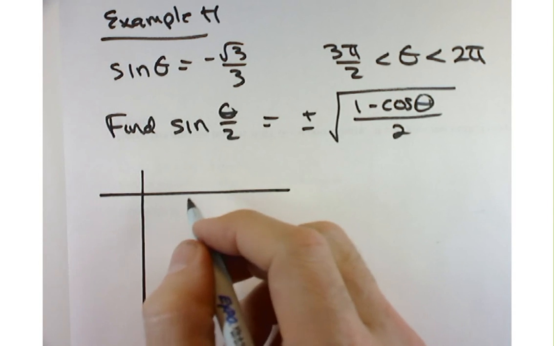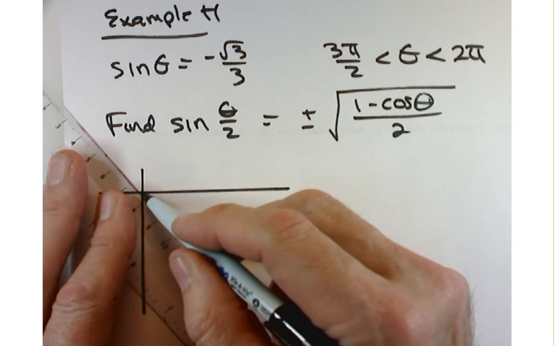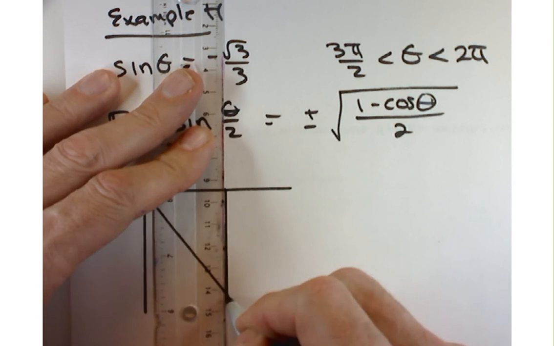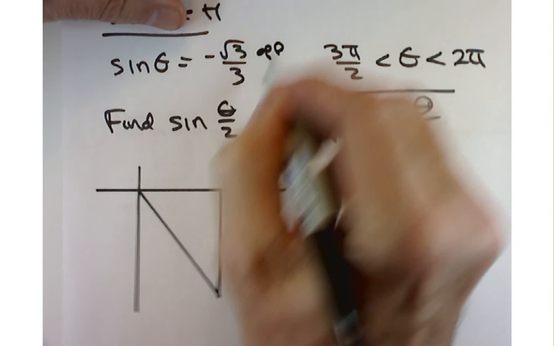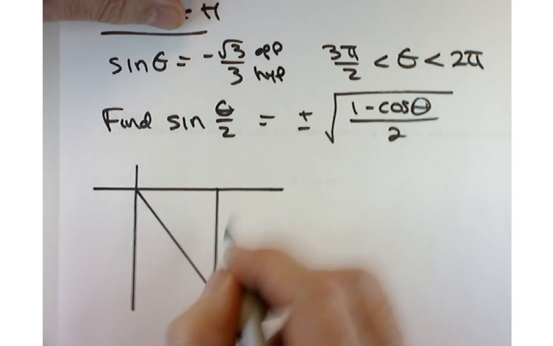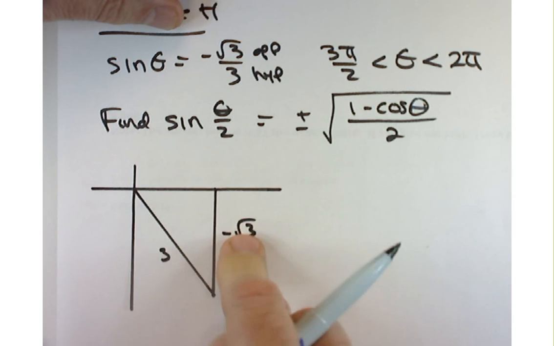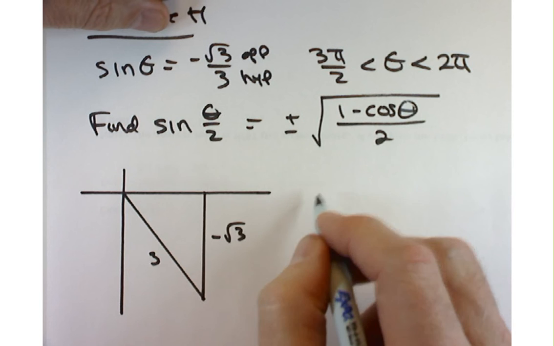Draw yourself a hypotenuse, and then here, that's going to be opposite over hypotenuse. So negative square root of 3 and 3. Opposite, hypotenuse. So that leaves me to figure out what b is.